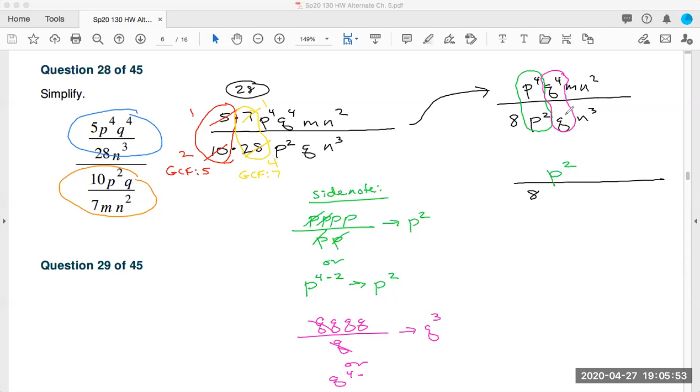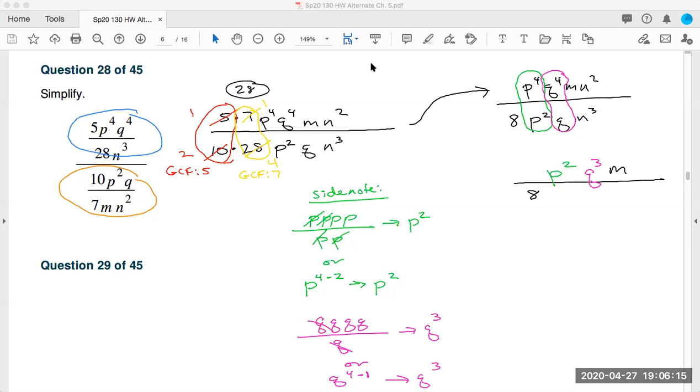If I don't see 1, that means there's an invisible 1. So that still gives me Q cubed. So Q cubed will go on the top. Now the M is nice because it's all by its lonesome, nothing to cancel out, top, bottom.